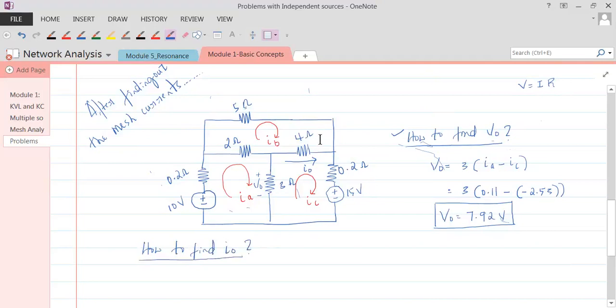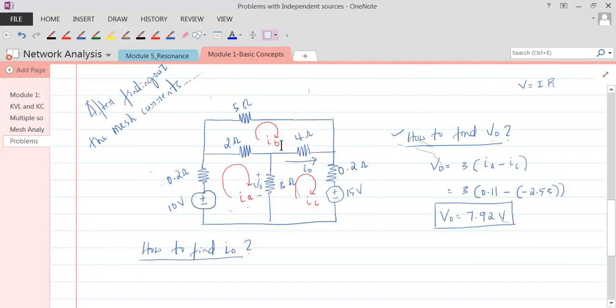Now through 4 ohms, again there are 2 currents flowing. One is IB, the other is IC. Now what is the task? We have expressed V0 in terms of mesh currents. Now we have to express this I0, which is a branch current, in terms of the mesh currents. How can we express I0 in terms of IB and IC? IB and IC are also flowing through 4 ohms.